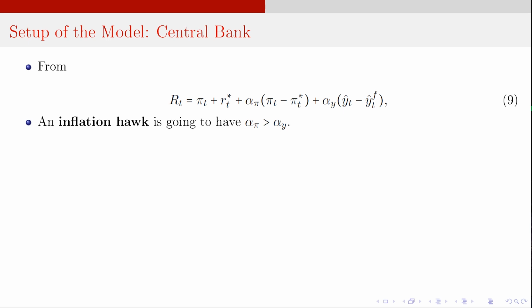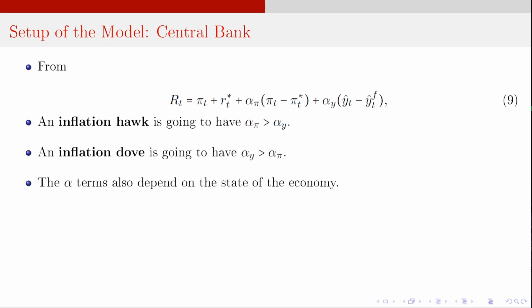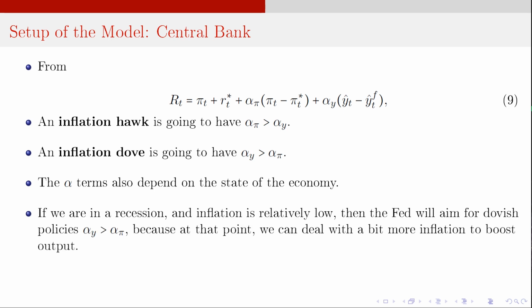They believe stabilizing inflation will stabilize the output gap. On the other hand, an inflation dove is going to care more about stabilizing the output gap than stabilizing inflation, meaning an inflation dove is willing to accept a higher rate of inflation if it means either closing the output gap or making it positive for some amount of time.